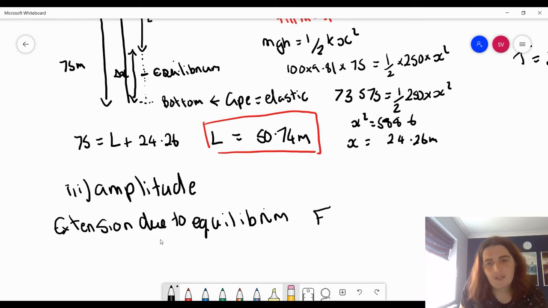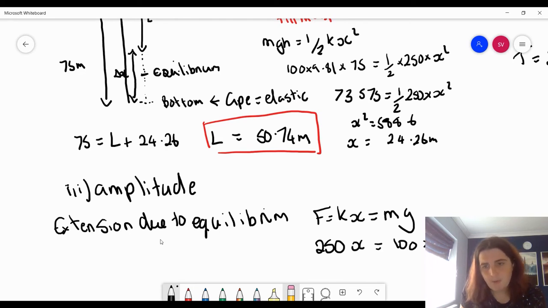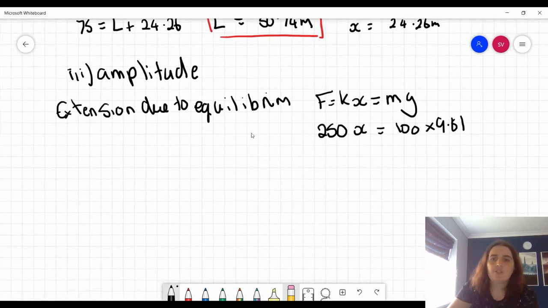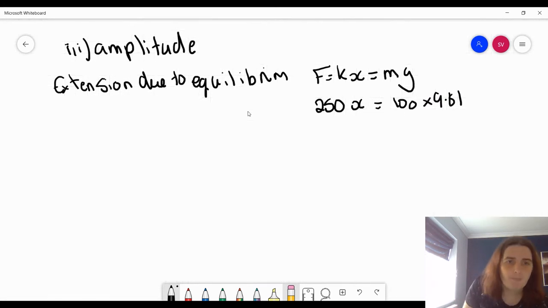So that's F equals kx equals mg. So 250 x equals 100 times 9.81. So x equals 100 times 9.81 divided by 250, and I get 3.924.